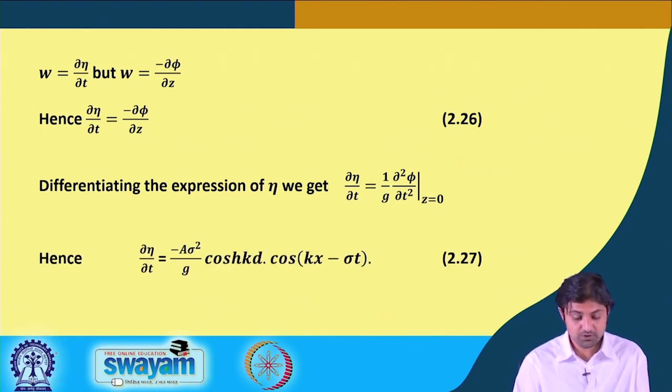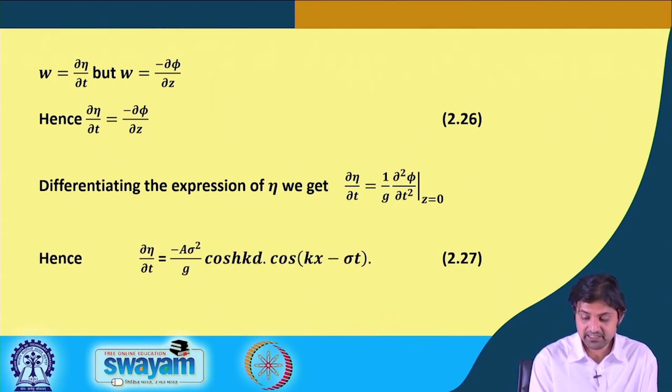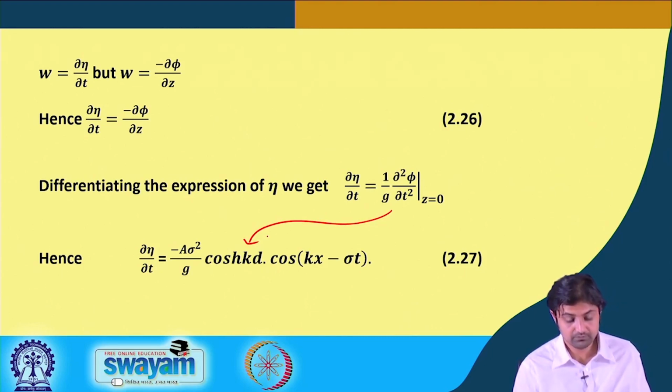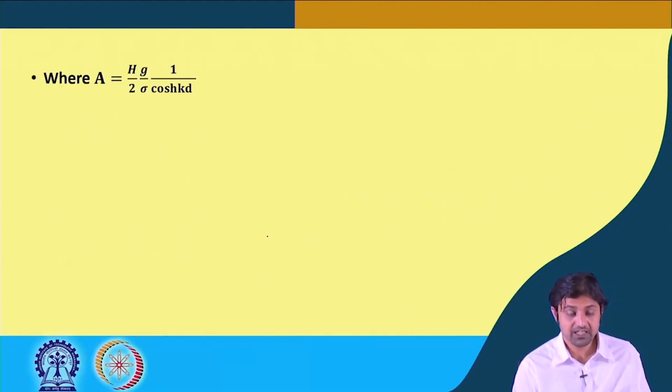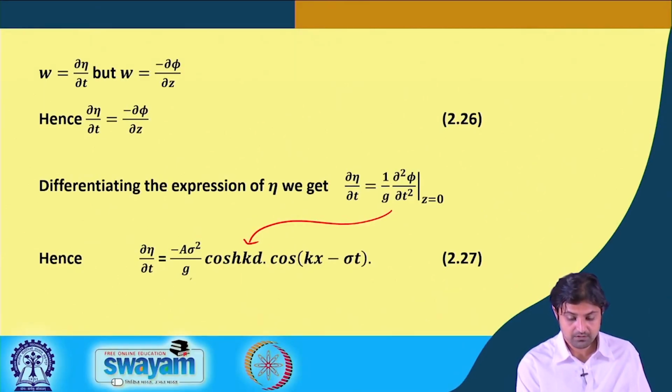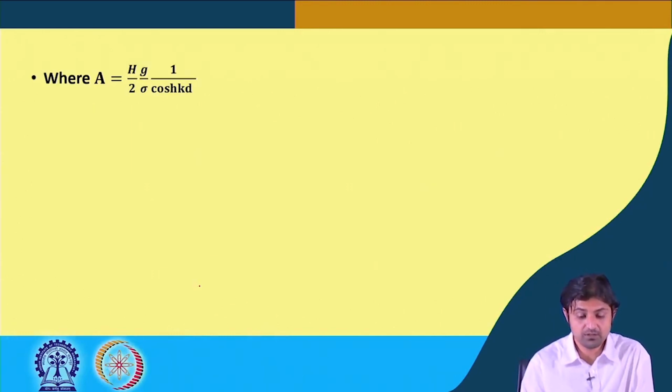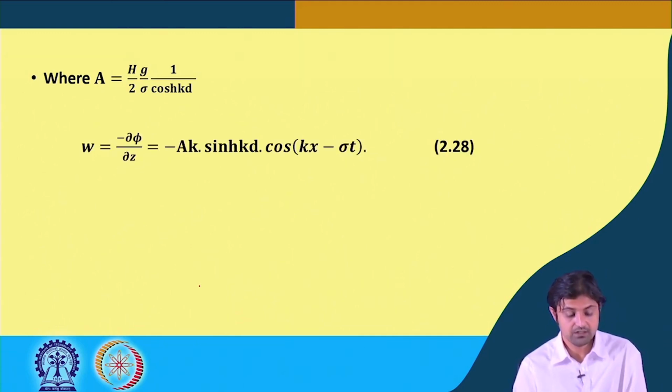So, we substitute ∂η/∂t, and we get from here, where capital A is h/2 into g/σ divided by 1/cosh kd.